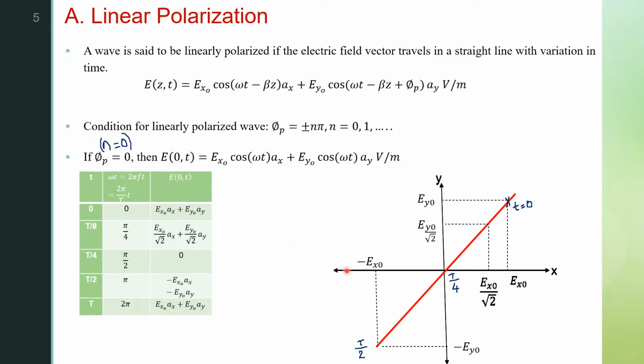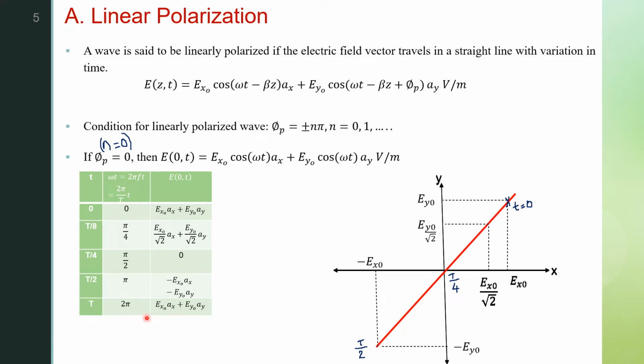Along x direction its magnitude is minus Ex0, or you can say in minus x direction the magnitude is Ex0, and in minus y direction the magnitude is Ey0. So I'm writing it as along x it is minus Ex0 and along y it is minus Ey0. So what is that point it defines? It is this particular point. So consider another time instant, that is capital T, completing one time period.